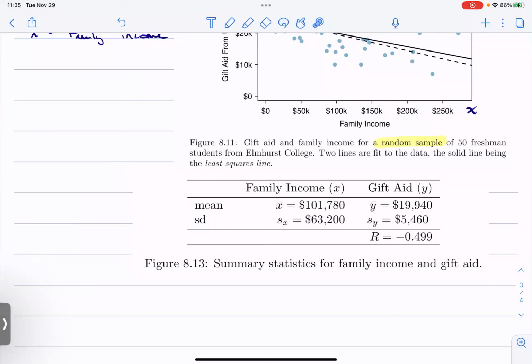We needed the means of X and Y, the standard deviations of X and Y, and then we need the correlation. They've been generous with the information that they've given us here. They've told us that family income is X, and then they've labeled it X bar, SX, Y bar, SY, gift aid is the Y.